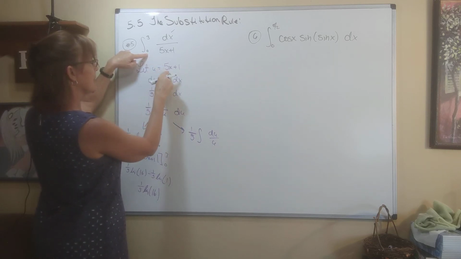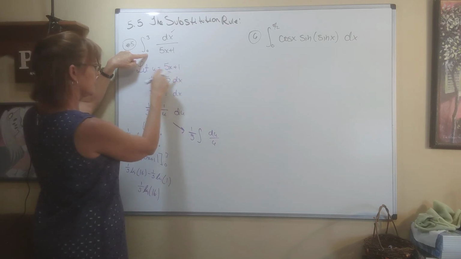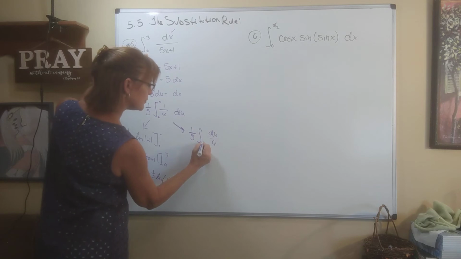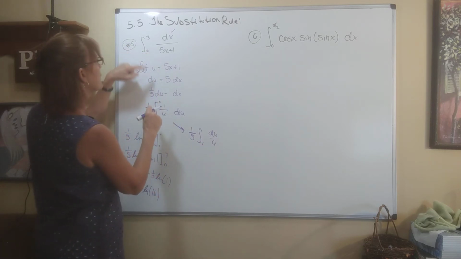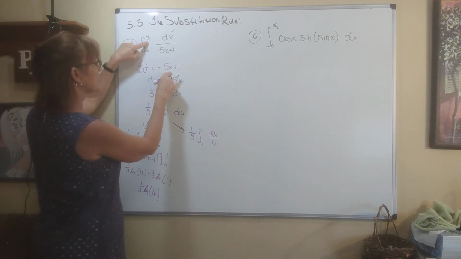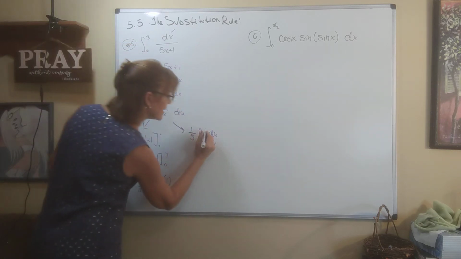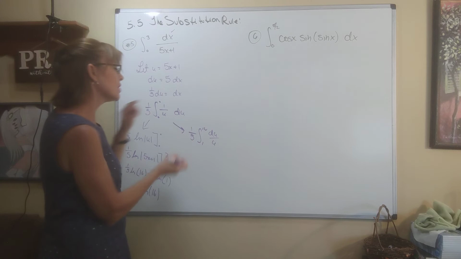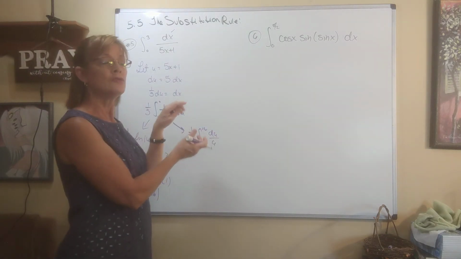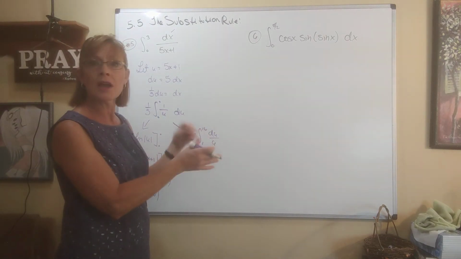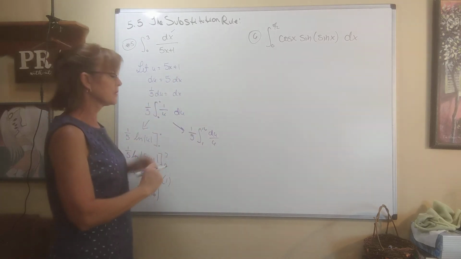So if I let x be 0, 5 times 0 is 0, plus 1, u would be 1. My lower limit turns into a 1. If x is 3, I go here and I plug in the 3. 5 times 3 is 15, plus 1 is 16. My upper limit is 16. And you can change the limits in terms of u. If you do that for a definite integral, you do not have to go back and put it in terms of the original variable.